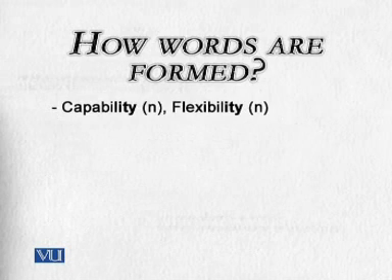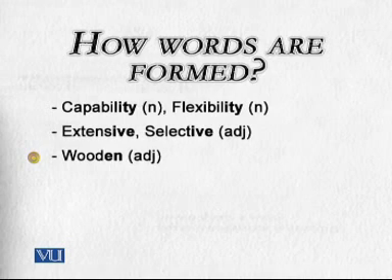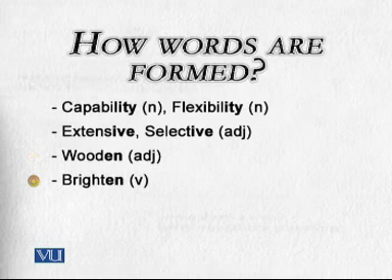So ITY, and in the word flexibility, again ITY will be, of course, a suffix, and new words are there. From wood, as a keyword, you can add one suffix, EN, it will be wooden. And bright, let's say, is a keyword and root word, you can add en with it, and it will become, of course, the verb brighten. Bright is an adjective, and you can add en with it.